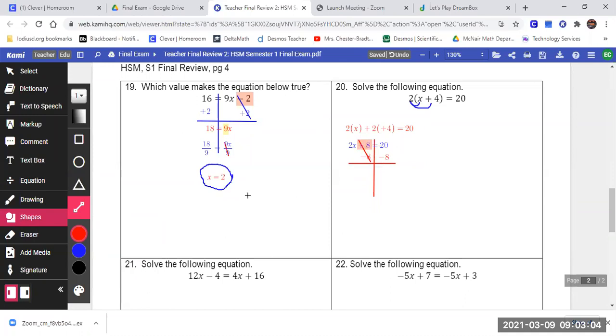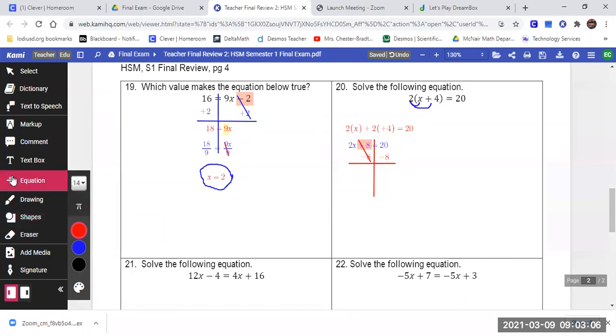Big 0, all gone. What is left on that side? After we big 0 the 8 out of there, what's left? 2x. And that 2x has to equal the math from the other side.